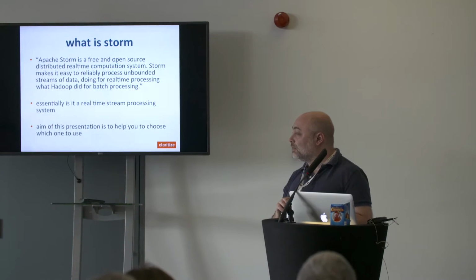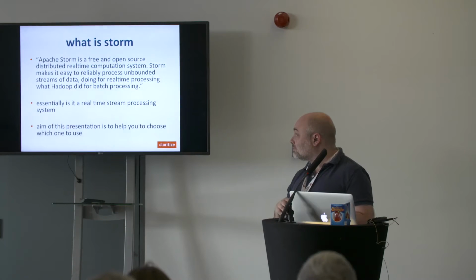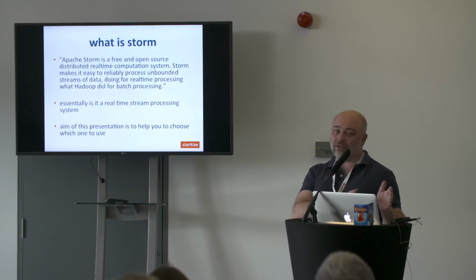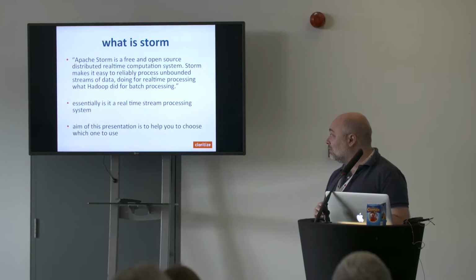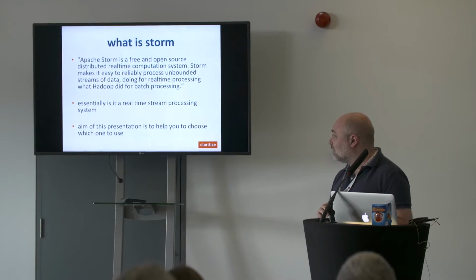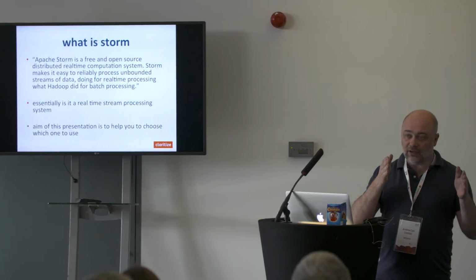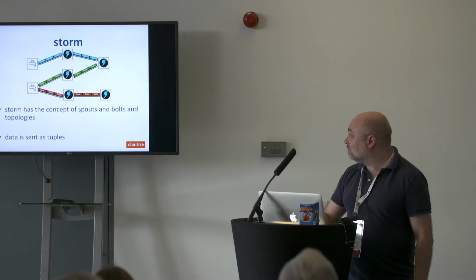It seems more mature in terms of the version they claim it's at, but from my point of view, Storm feels a little more mature and is used in a few more production environments. Again, it's essentially a stream processing system. The aim of this presentation is, if you're wondering which one to use for your projects, to give you a bit of a feel.